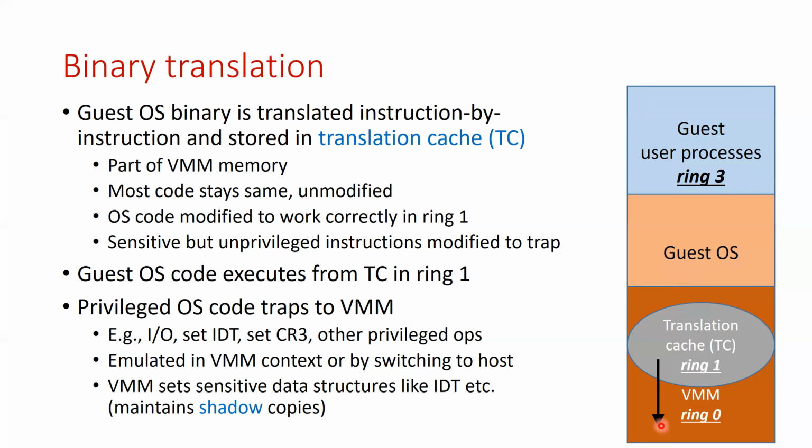The classic example is setting the IDT register or the CR3 which points to the page table. Whenever the guest tries to execute it, it traps to the VMM and the VMM will set to its own copies of these data structures. So these copies are called shadow copies because they shadow whatever the guest OS has. VMM will use a similar data structure and set CR3 or IDT register to point to its own data structures.